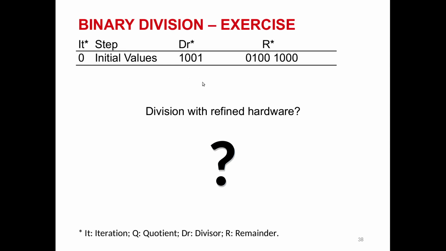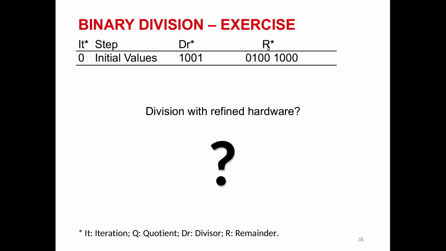You need to do this exercise yourself. You need to find the intermediate value for dr or divisor, r or remainder at each step, and finally you will have the final result of the equation in the half part of the register r.